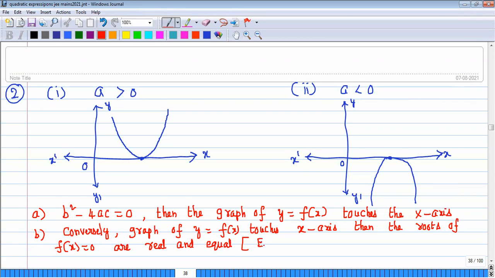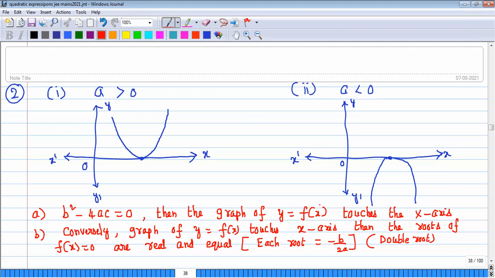Now that means each root is equal to minus b upon 2a. In this case, they call it a double root also, multiple root also. Double root means both roots are equal, but each root is minus b by 2a. So this is about these two we can actually interpret.